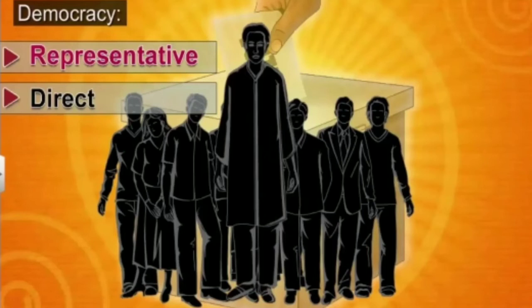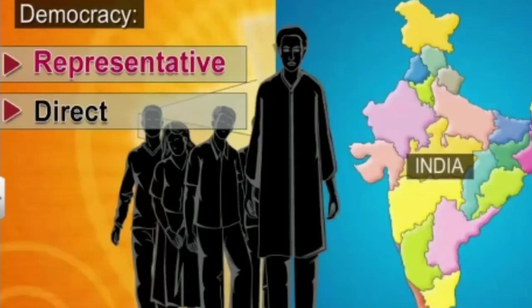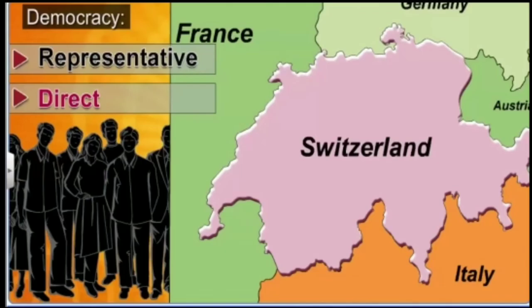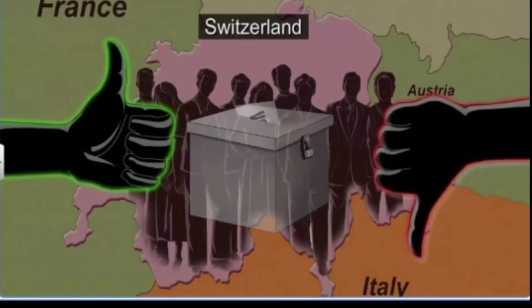But in direct democracy, the people will govern themselves and there are no representatives for them. For example, India is following the representative democracy and Switzerland is following the direct democracy.